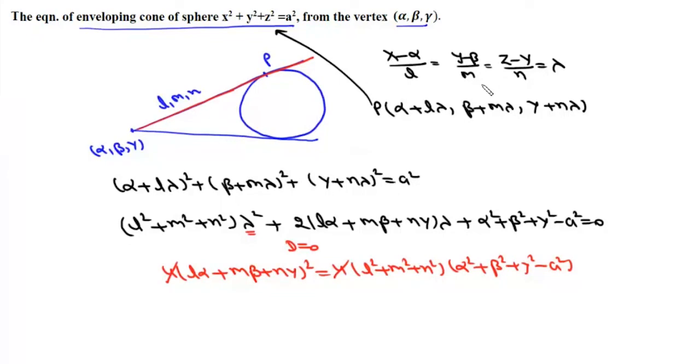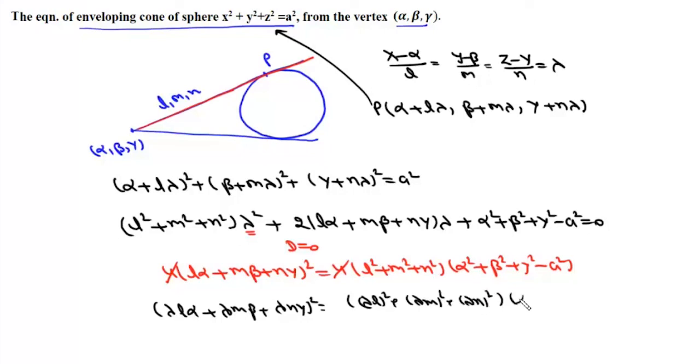Now we need to eliminate L, M and N, and what we can do is multiply everything with lambda square. So we can write (lambda L alpha plus lambda M beta plus lambda N gamma) square, so it is lambda square here, and here we can write (lambda L) square plus (lambda M) square plus (lambda N) square, and this is (alpha square plus beta square plus gamma square minus a square).